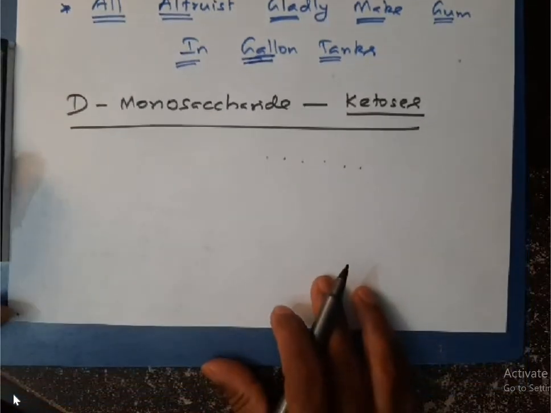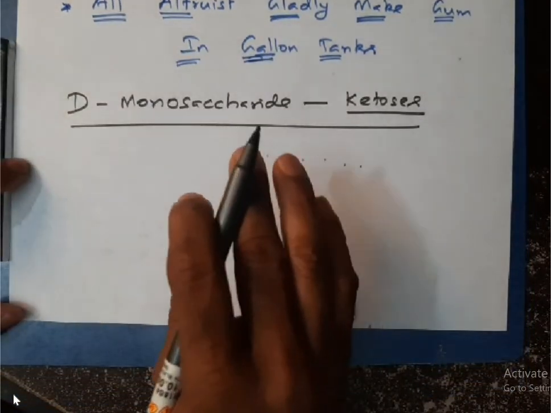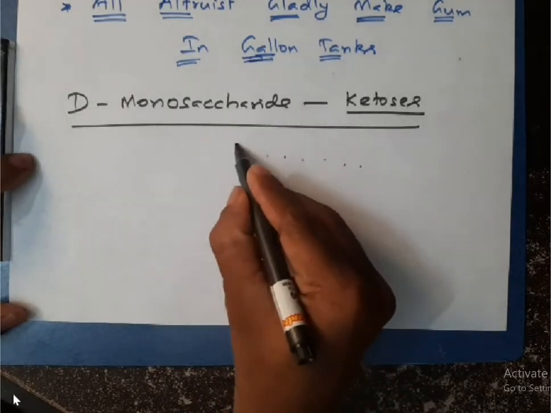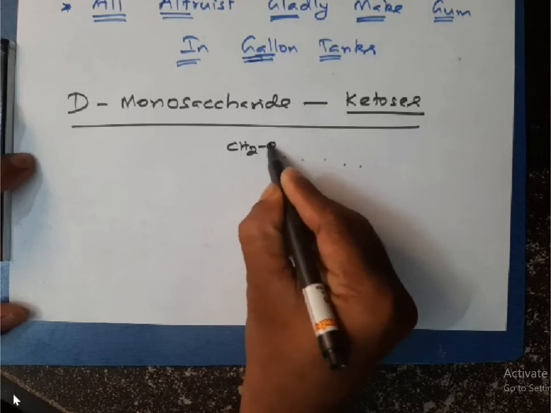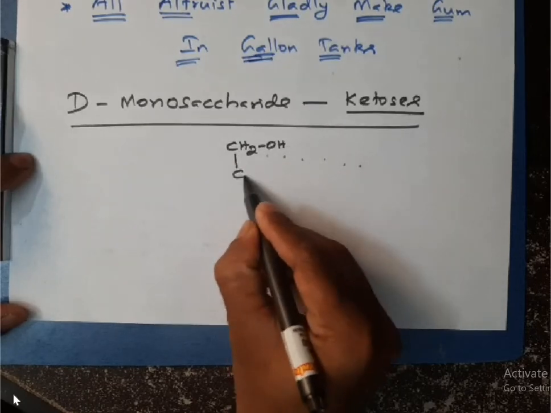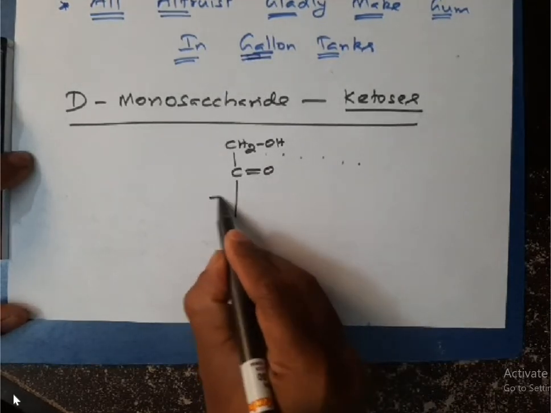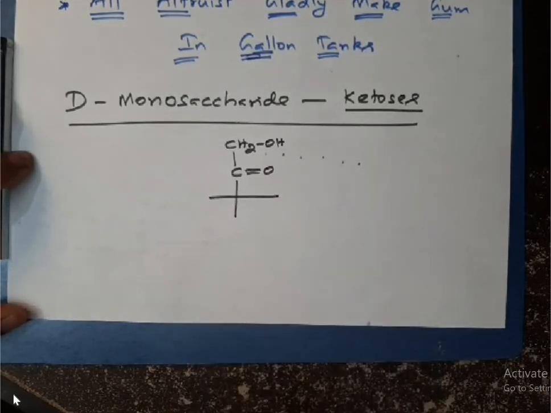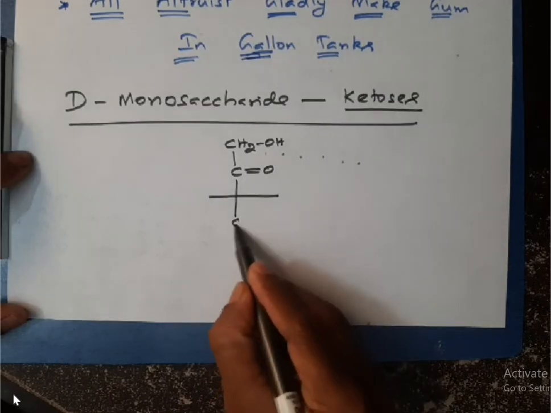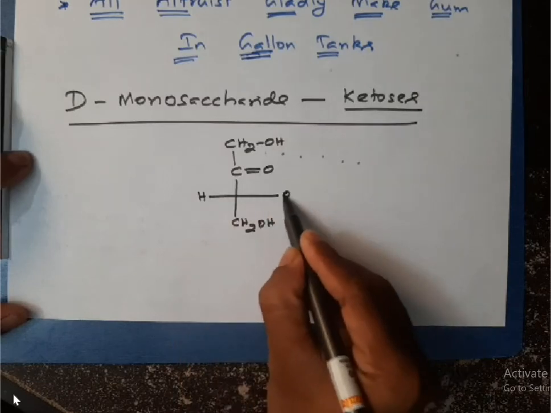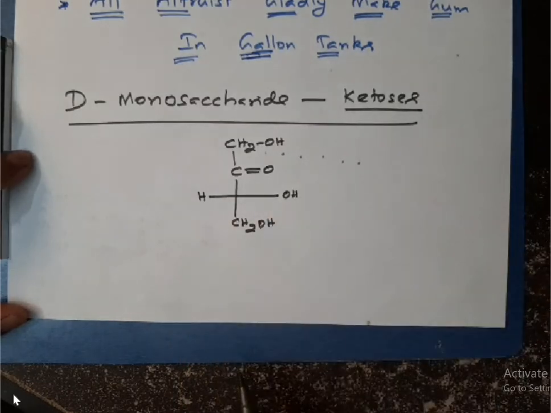The simplest example is this: CH2OH, then we have a keto group here, then the third carbon containing a chiral center, and here we have CH2OH. This is the simplest member of ketose, right?